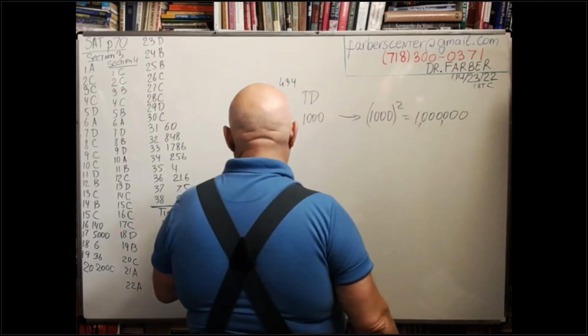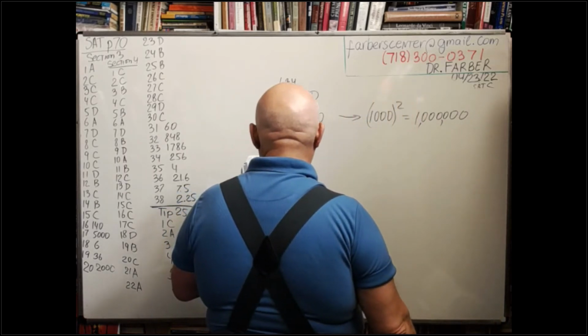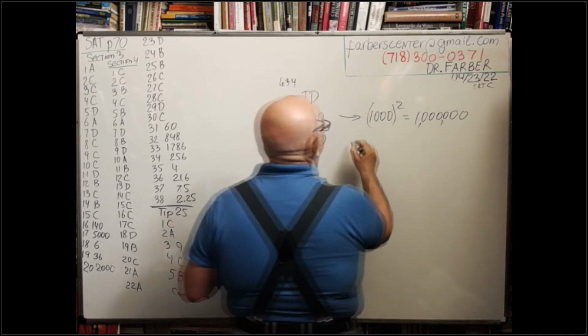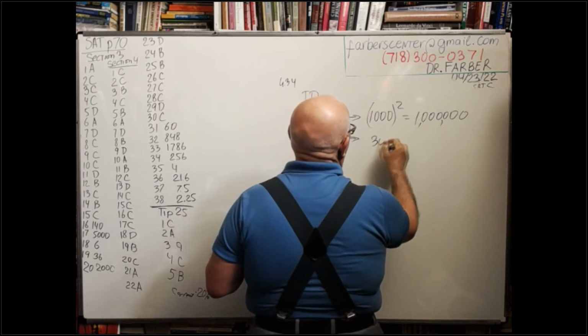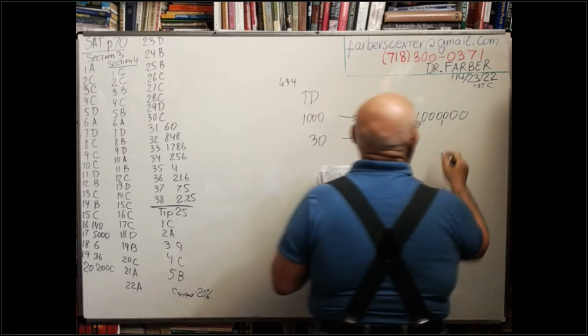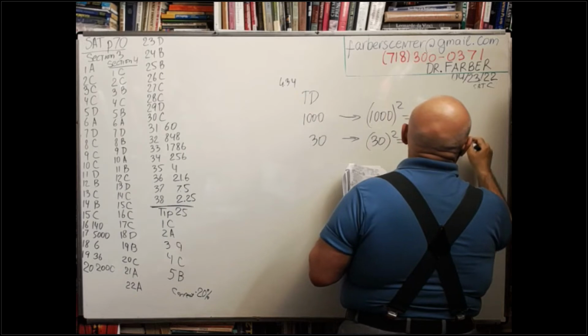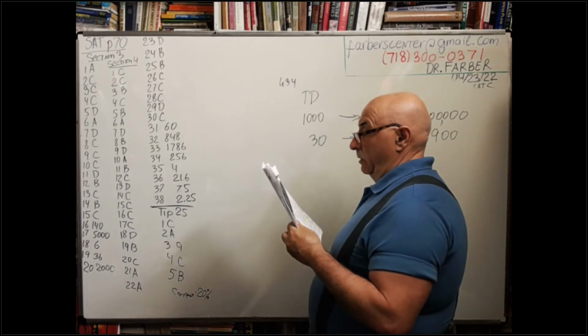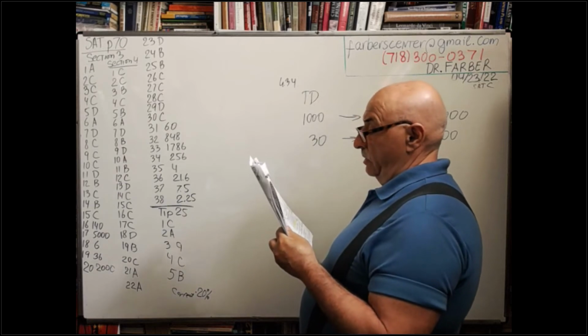Here we have 30 times dimmer. It would be 30 to the second, which is 900. Next. Okay.